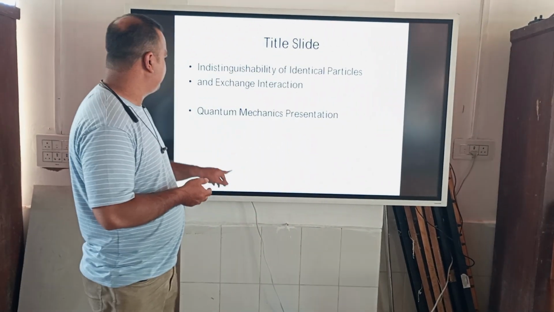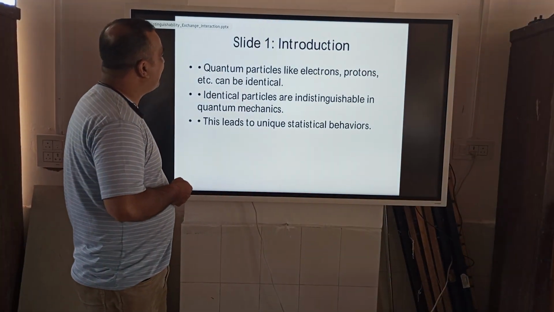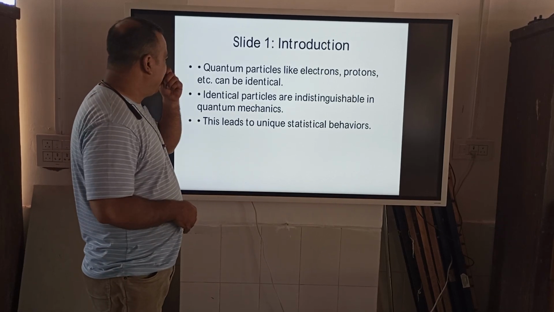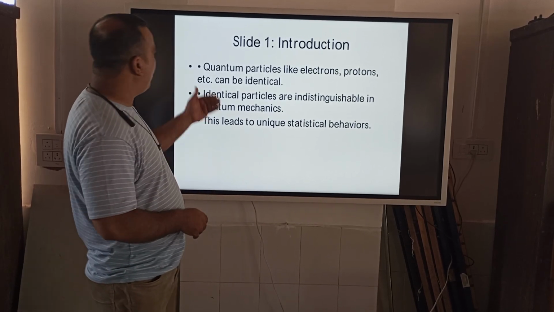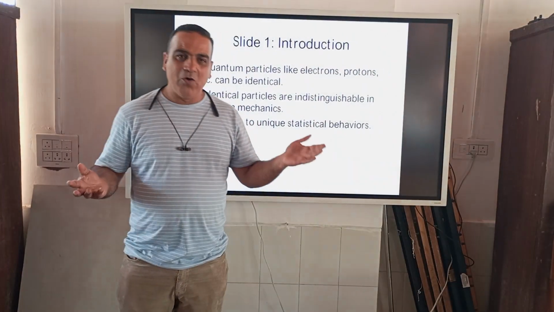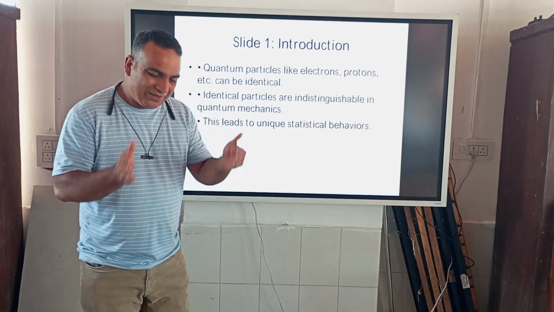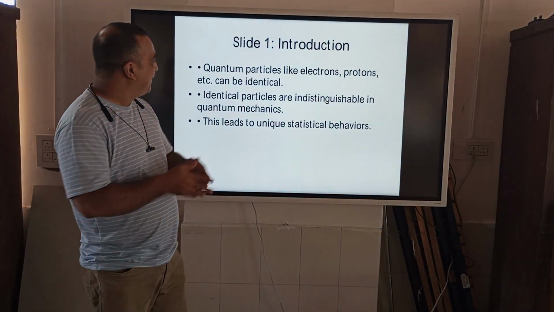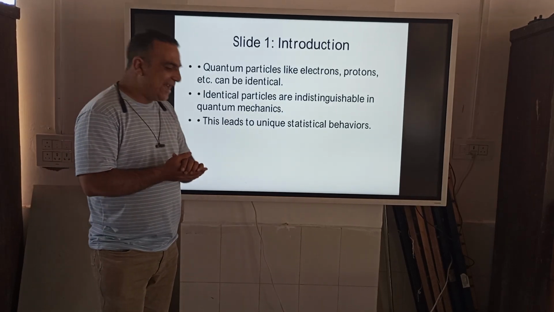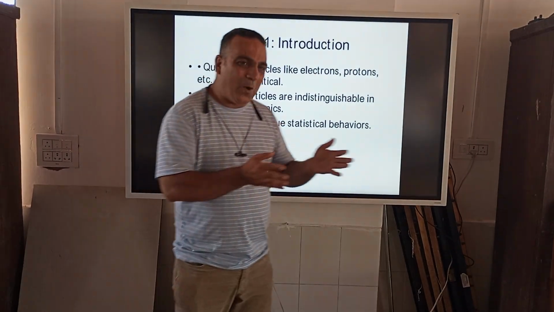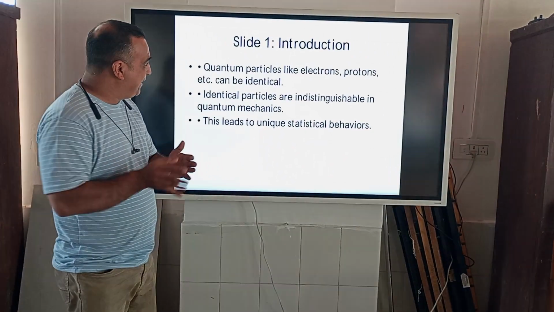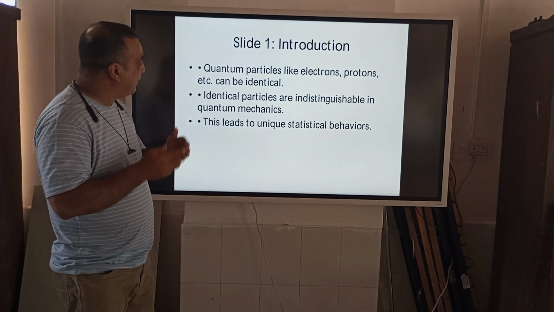identical particles. So to begin with, what are quantum particles? We know we have quantum mechanical particles like electrons, protons, atoms, molecules, and these particles can be identical. They can be of the same nature.